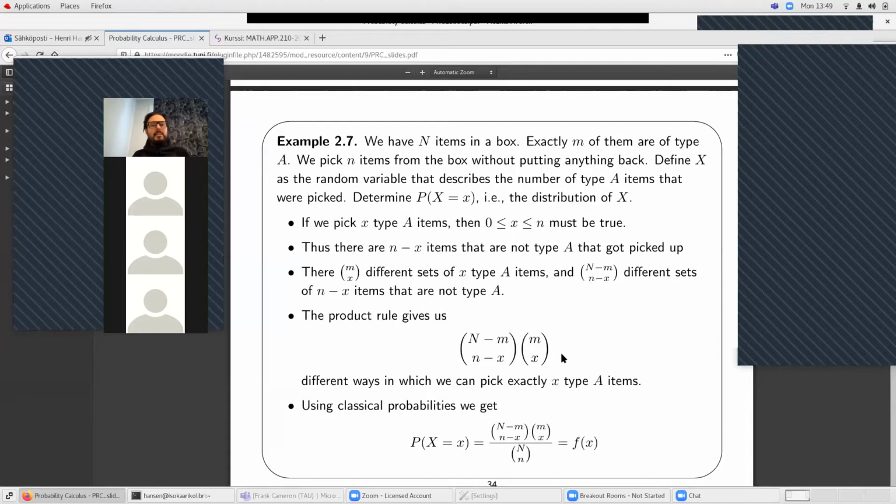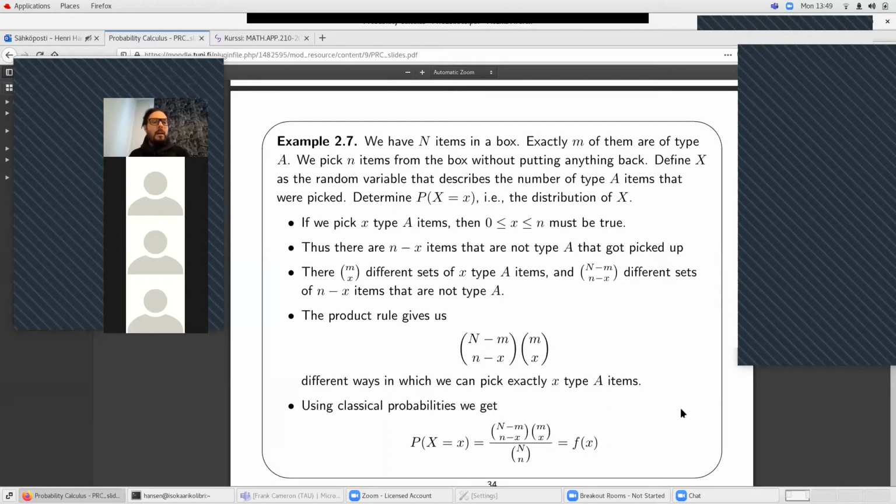So given that X is smaller than N, and obviously also smaller than M, the probability of picking X oranges can be obtained by this product, N minus M choose N minus X times M choose X, divided by capital N choose N, because that's the number of ways in which we can pick N objects.